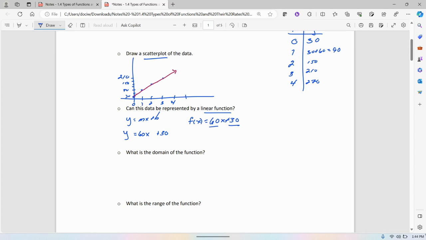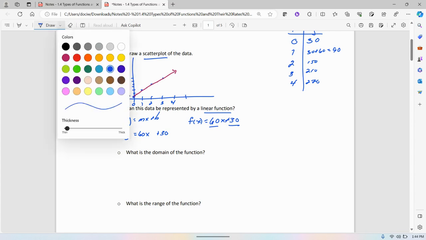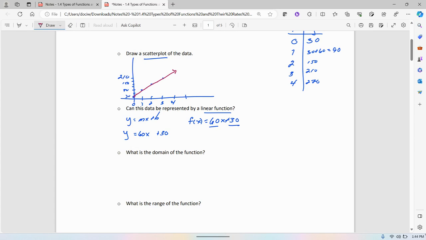Now you'll notice that when I drew this line, I started here at the 0, 30, and went to the right and up. I didn't go down the opposite direction because we started there. That's our initial value. So typically with a line, the domain can be all real numbers, but in this case, the x value has got to be greater than or equal to 0.